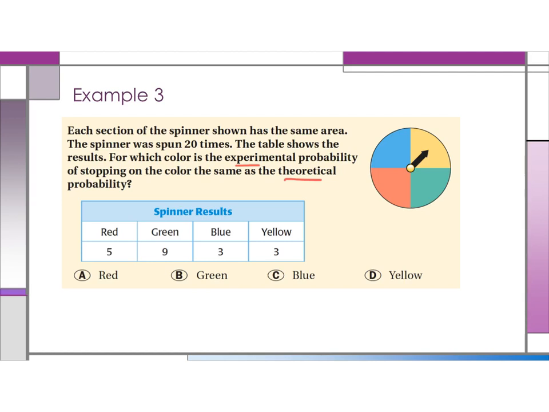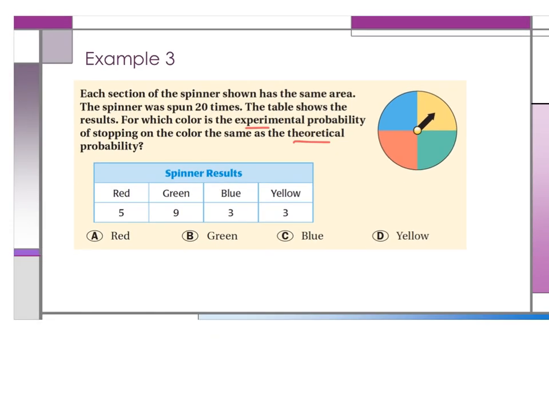So in order to figure this out, I need to find the theoretical probability of each of the colors and the experimental. So let's first do red. I'm going to fill in the theoretical. So let's do the theoretical probability for each.